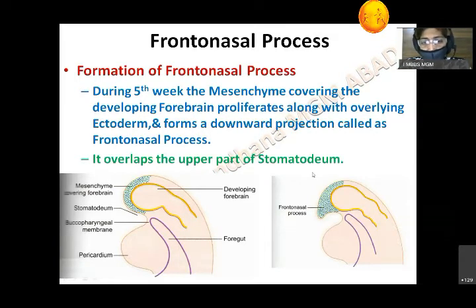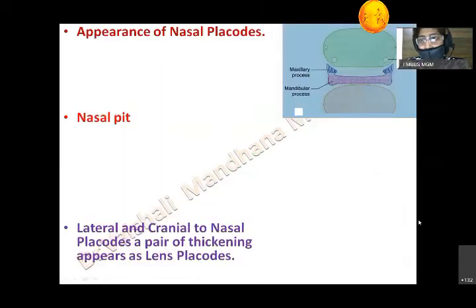Okay, so in this figure you can appreciate this is the developing forebrain and this green color is the mesenchyme, and around that there is the surrounding ectoderm. Now this mesenchyme proliferates downwards. It comes downward. In the second figure you can appreciate, and this is called the frontonasal process, which partly covers the stomatodium. Okay, this is the lateral view, and if you see, this becomes the frontal view.